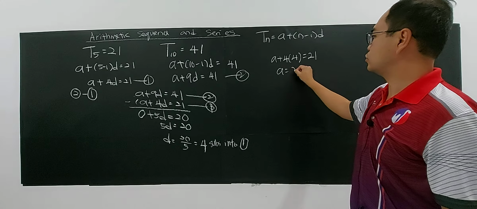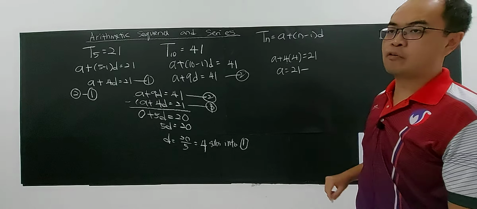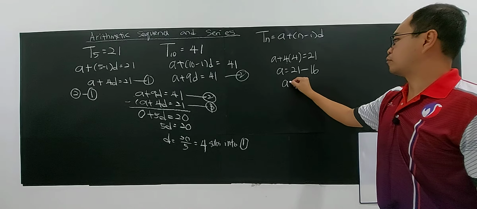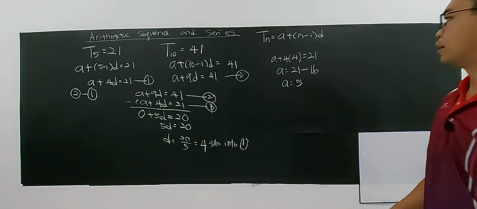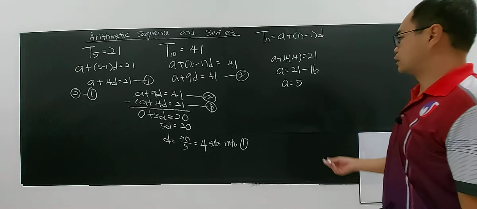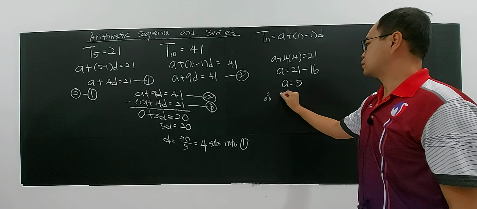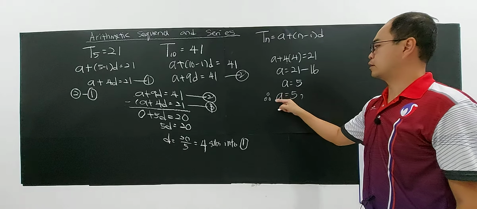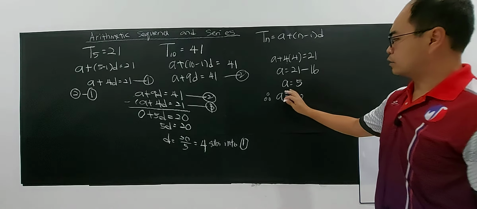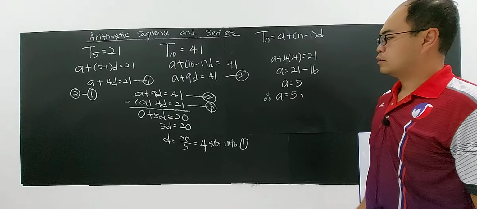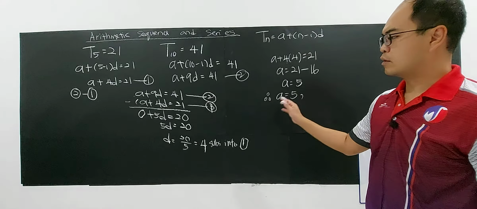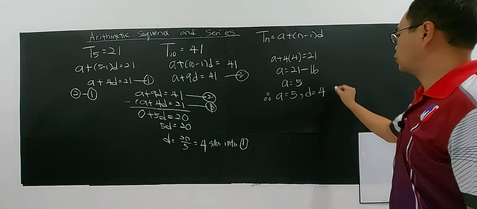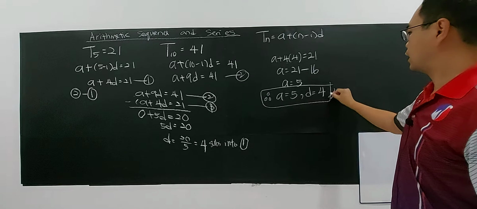So a = 21 - 16, which is 5. You have 5 as your first term. Therefore, the first term is 5. This is the standard notation, where a represents the first term and d is the common difference, which is 4. So this will be your answer.